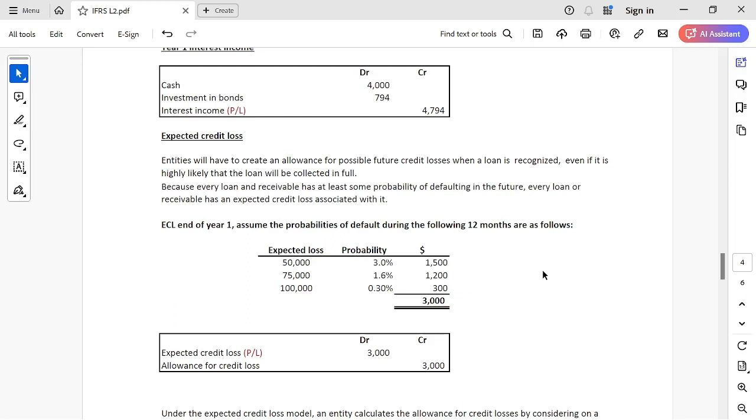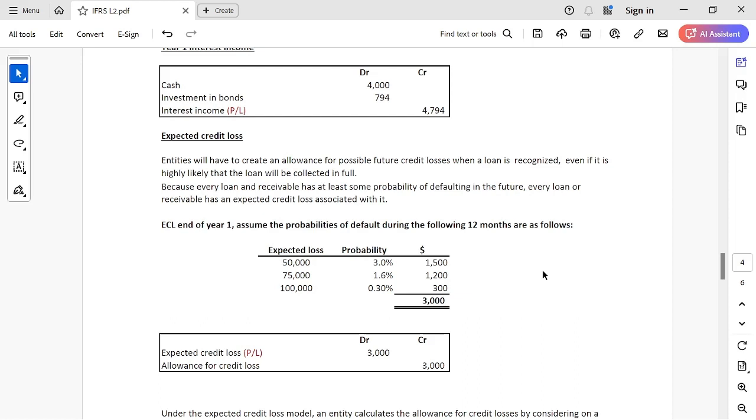Let's make it easy. Say this loan, there's some possibility that it's not going to be paid in full, which is like 2%. Traditionally, in the past we would say, oh, 2%, this is insignificant, immaterial, this is very unlikely, ignore.